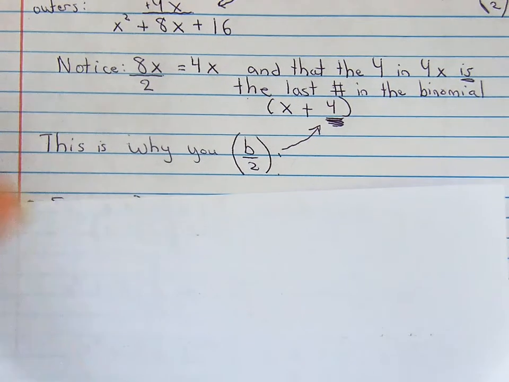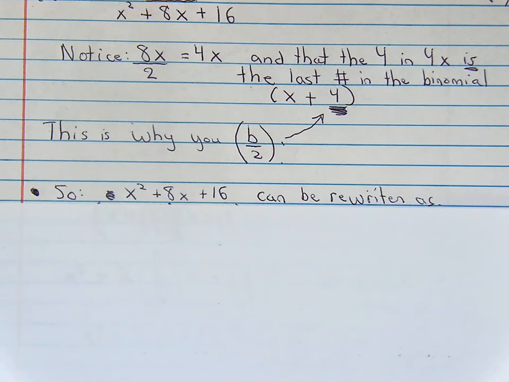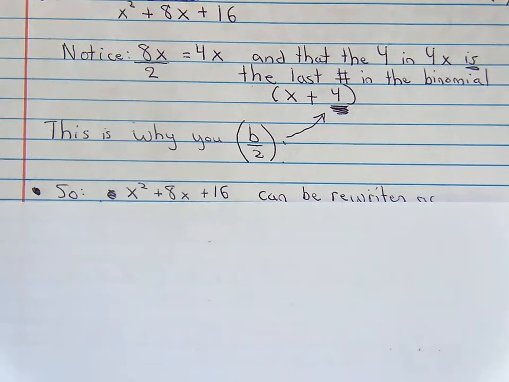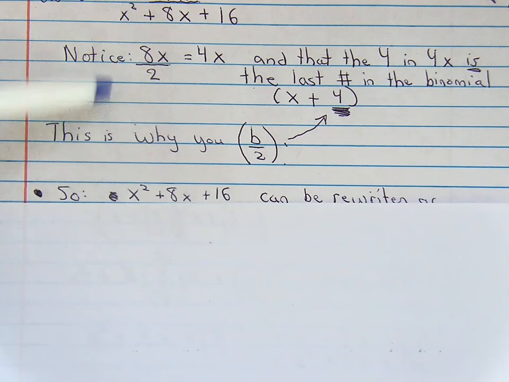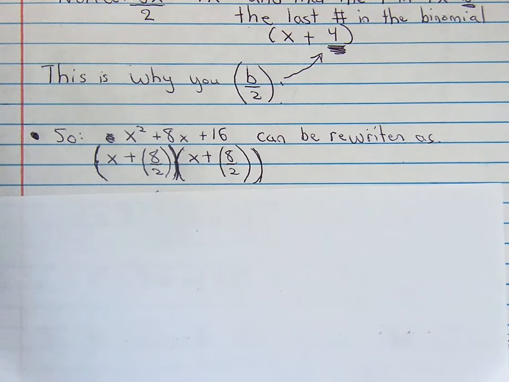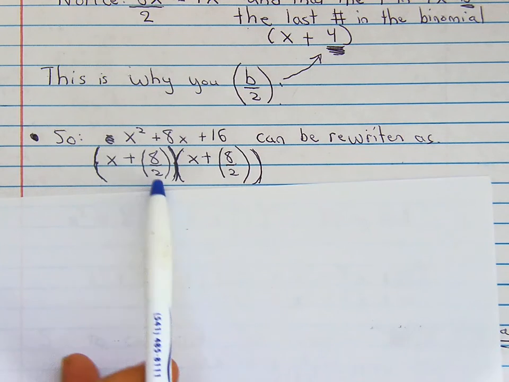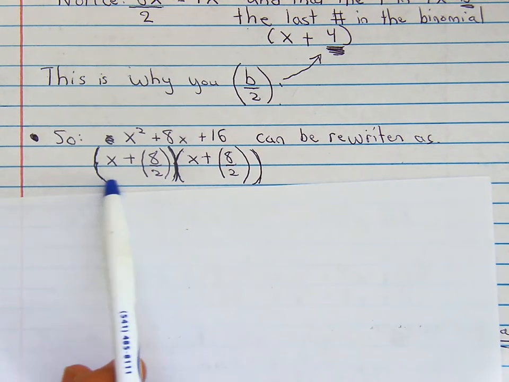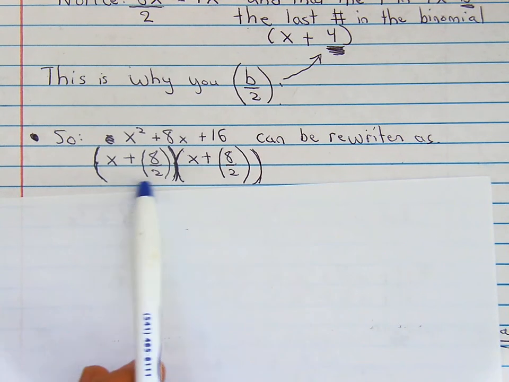Okay, so we come back to our original equation that we had up here that we got after multiplying the binomials. If you notice, it's the same equation, which means we can rewrite that as the multiplication of binomials of this here, if we were to factor it.